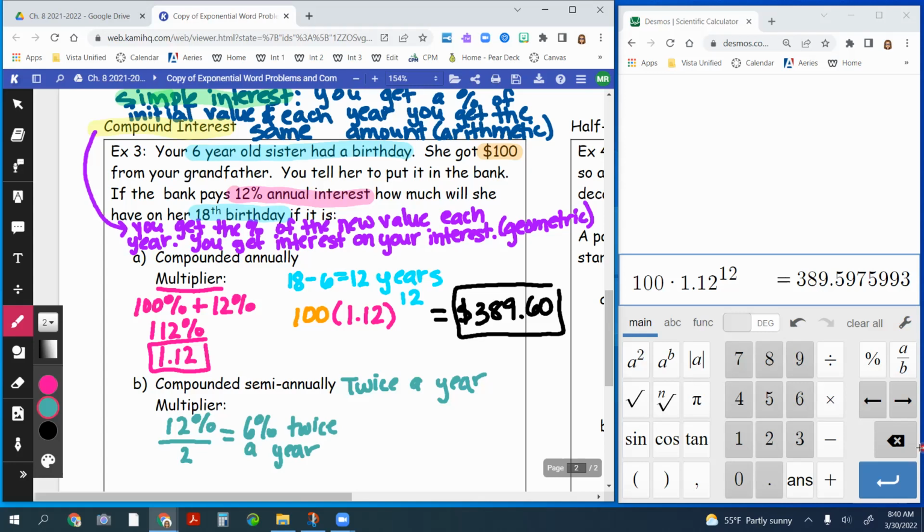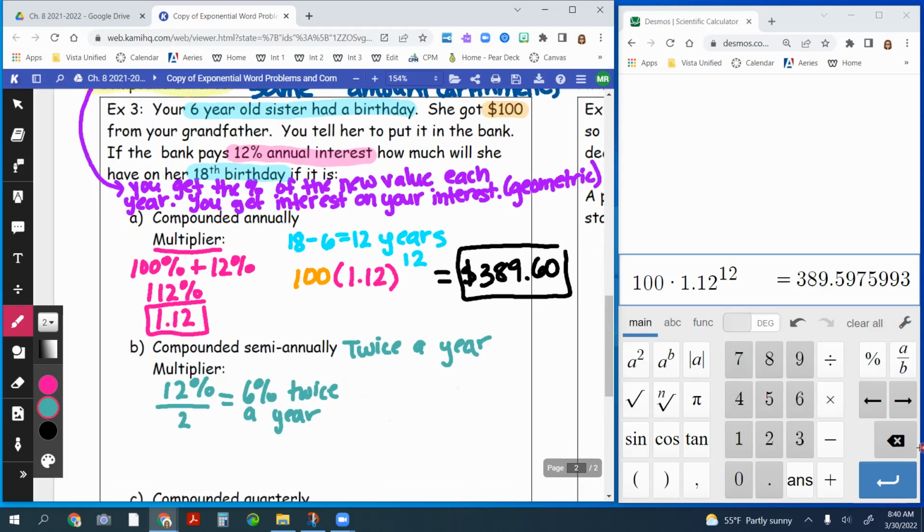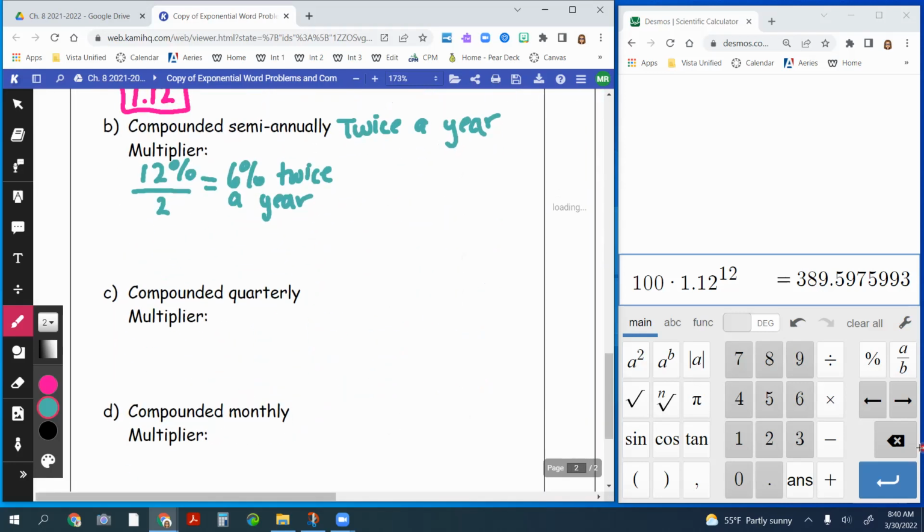So that means that her multiplier is going to be 100% plus 6%, which is 106%, or 1.06 as a multiplier.